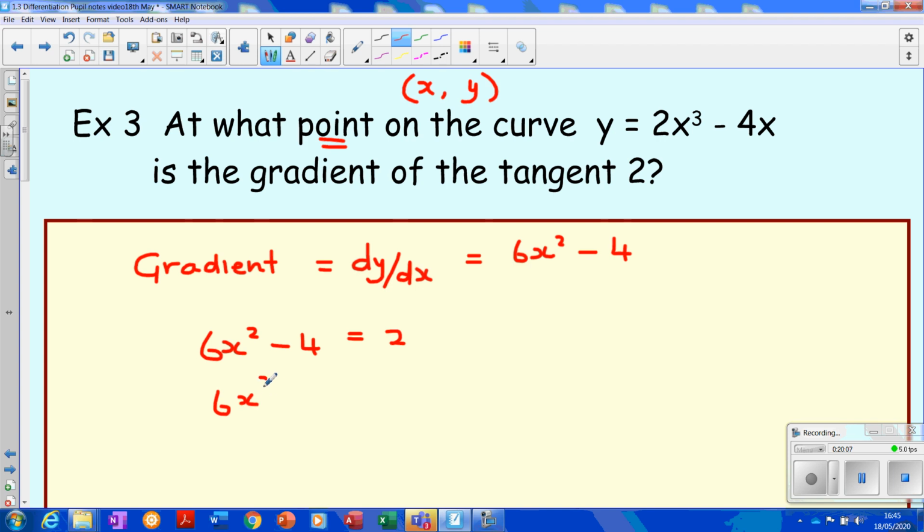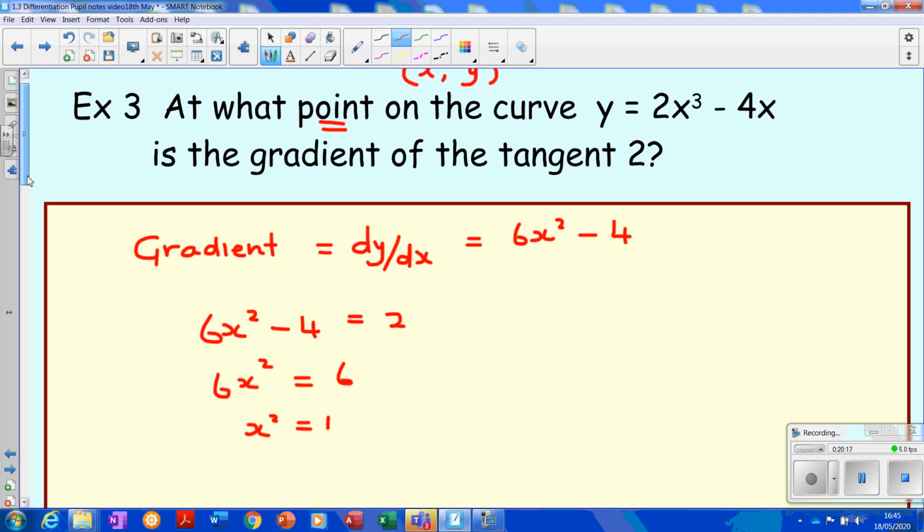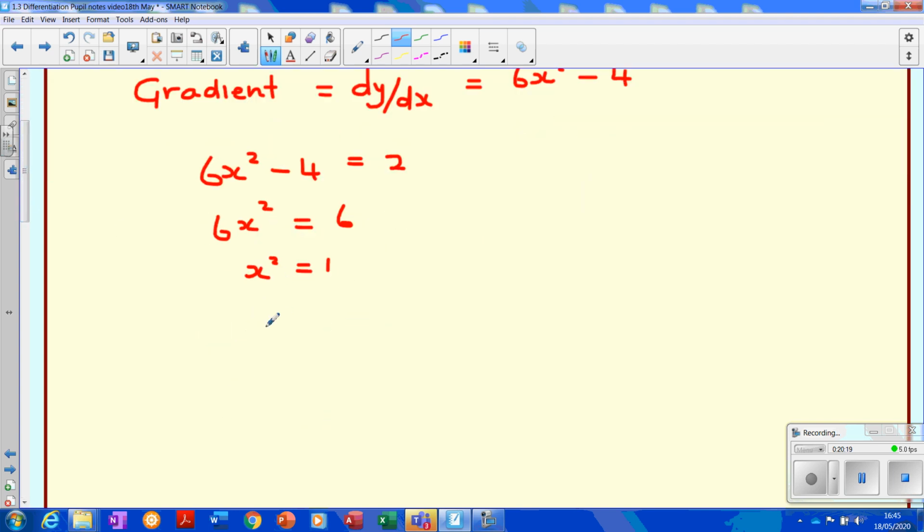So I'm going to make it give me 6x squared and add 4 on both sides is equal to 6. So 6x squared is 6, then x squared must be 6 divided by 6 is 1. Now this is where you've got to be careful, because x squared is 1. What does that mean x is? X could either be 1 or x could be minus 1. So there's one point here that's 1 something, and there's another point that's minus 1 something.